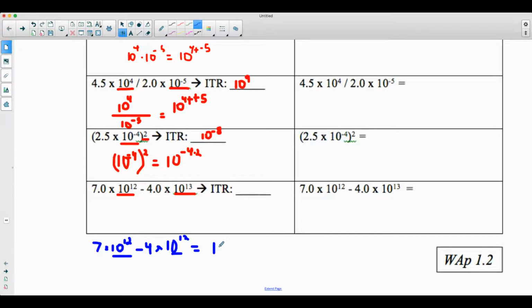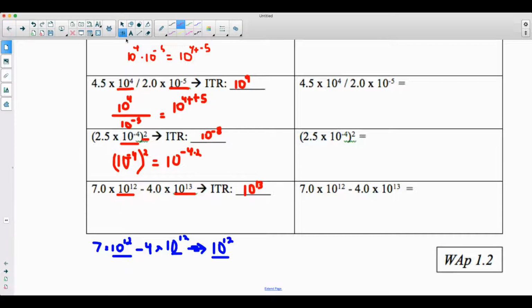In addition or subtraction, the power is going to roughly stay the same. And truthfully, roughly speaking, the bigger power should win. So 10 to the 13th is a bigger power here, so we're going to roughly say that this answer is going to be 10 to the 13th. These two are the same, so it should be 10 to the 12th. Okay, fine.